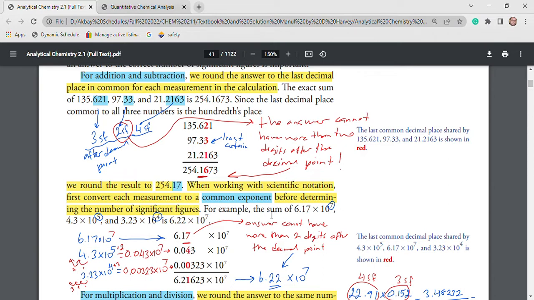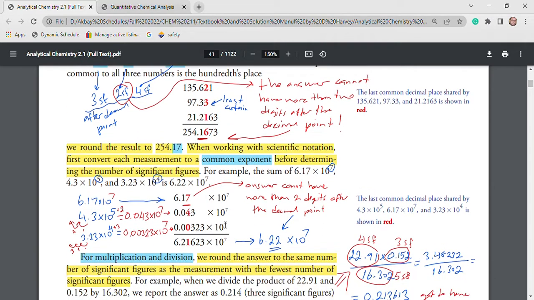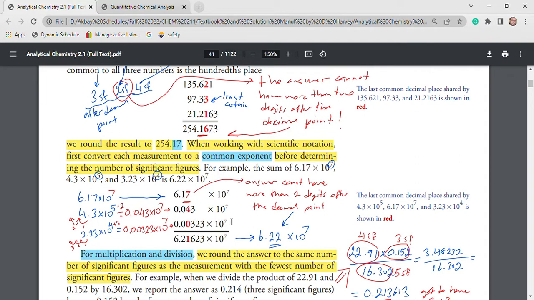So the first thing we do is make the exponents common, and to do so, we have to move the decimal point. If we want to keep the 10 to the 7th exponent, we will have to play with the decimal point in the other numbers.